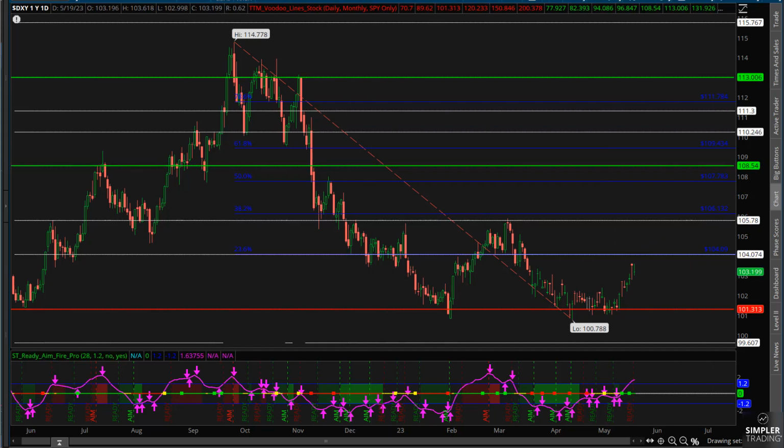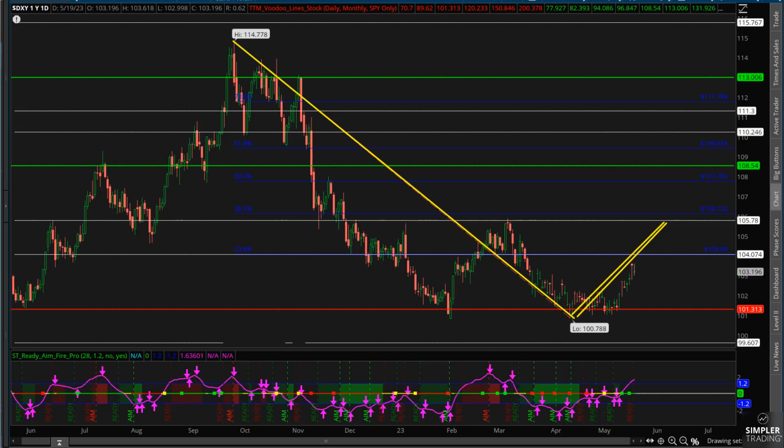Now, this is a move that took well over half a year to unfold to the downside. And so similarly, this isn't a bounce that I would expect would complete in a few weeks. It's more likely to take several months.